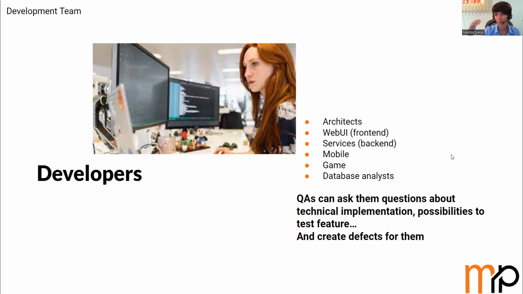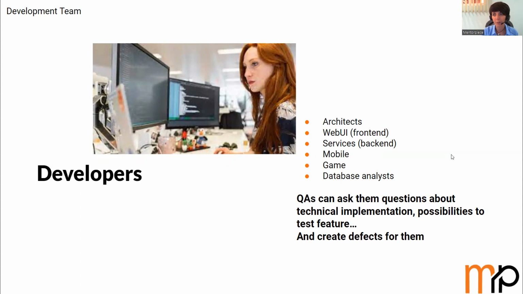So this is the growing up adult programmer developer. Not so adult developers could be web UI or front end, services backend, depending on the responsibility and the layer they are developing. They could develop mobile or game dev or database, and the last one called database analysts.